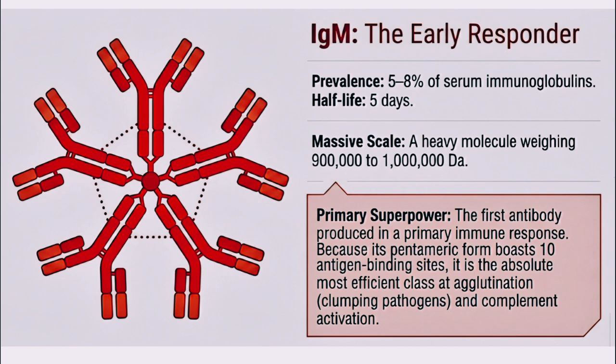So it's the first antibody that will be produced in a primary immune response, and since it's a pentamer with 10 binding sites, it will be the most efficient in agglutination, which is clamping of the germs or clamping of the antigens together.